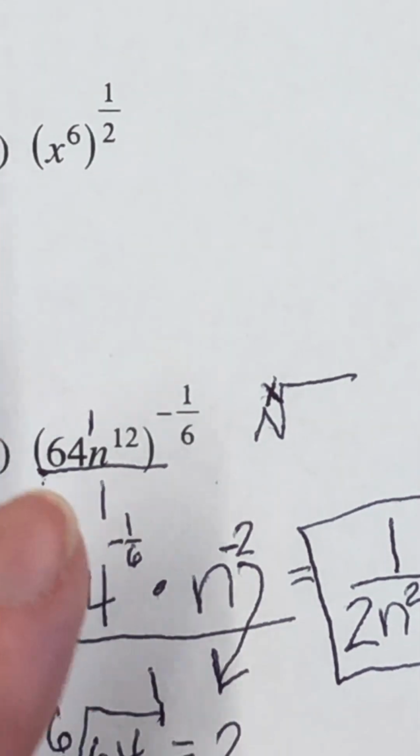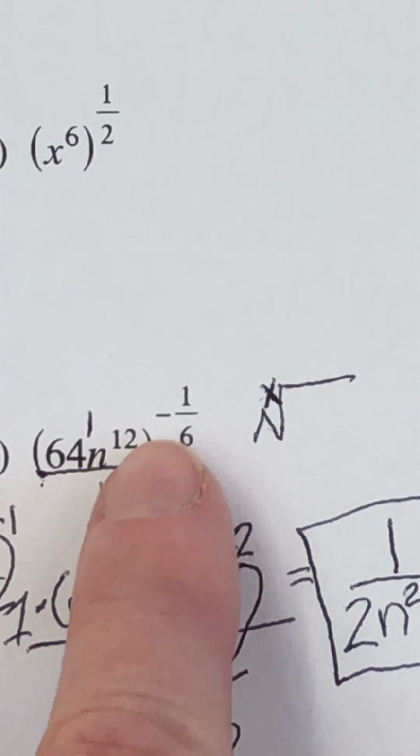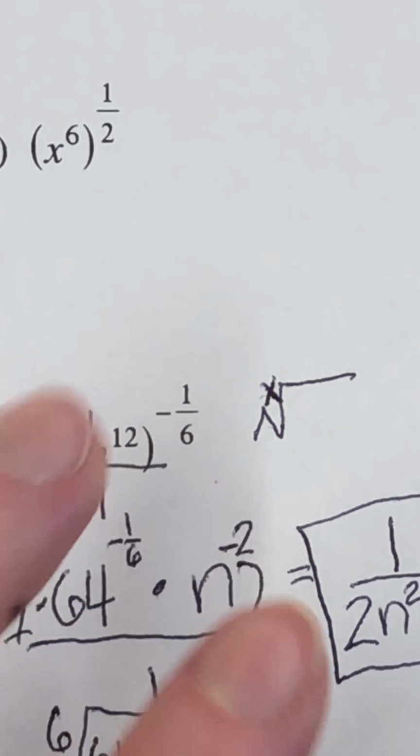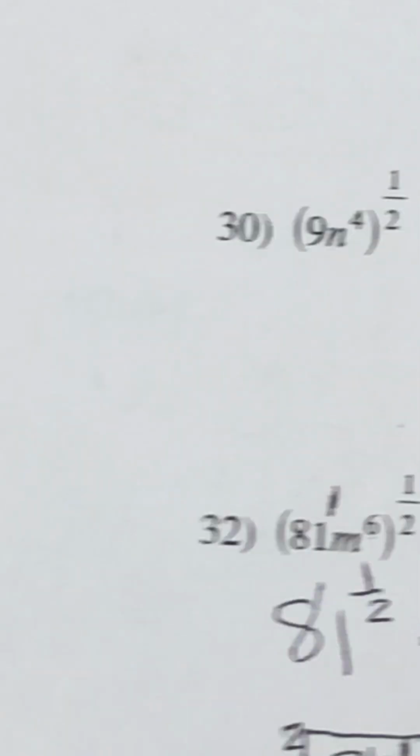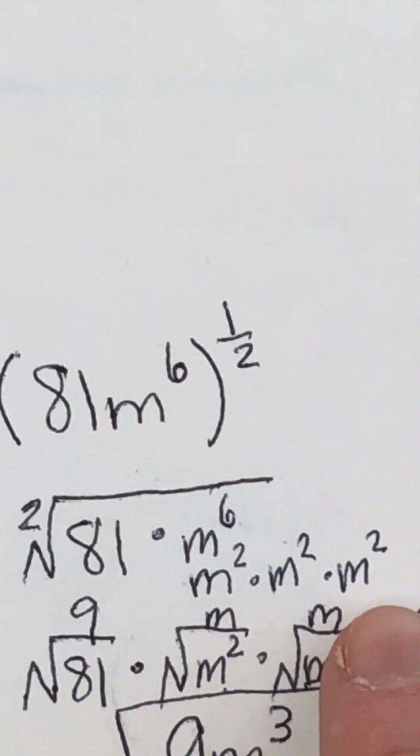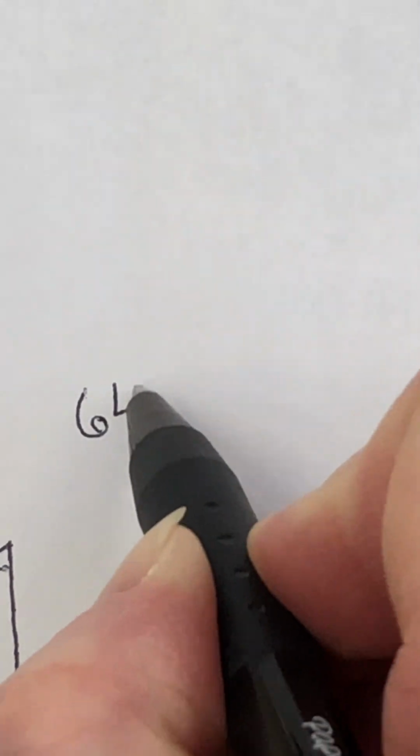Another way you could have done this one, because I said I would do it more than once, so this is multiplying. What I can do is rewrite this like I did over here, where it's all separated. Okay, so we had 64.